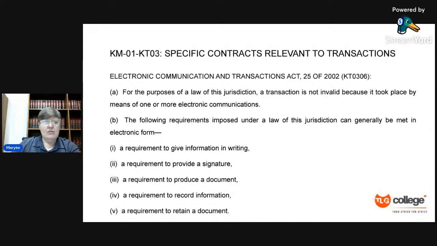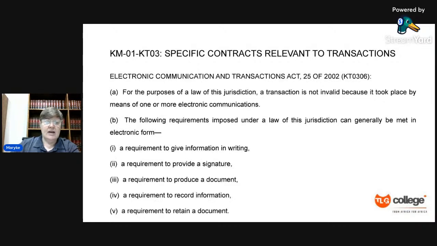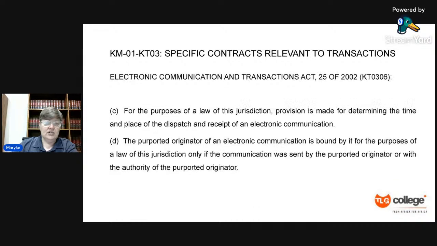A requirement to produce a document, a requirement to record information, and a requirement to retain that document. So not only are we going to process information, there also needs to be a way to keep a record of it, and not just that, but also to retain or at some point destroy that document, if the time comes for that.